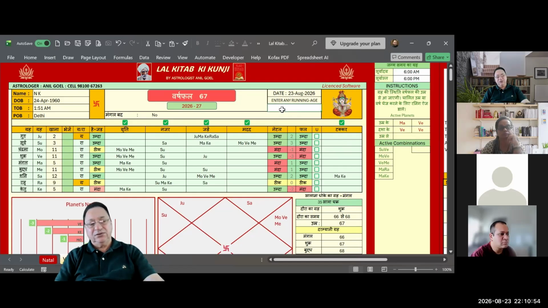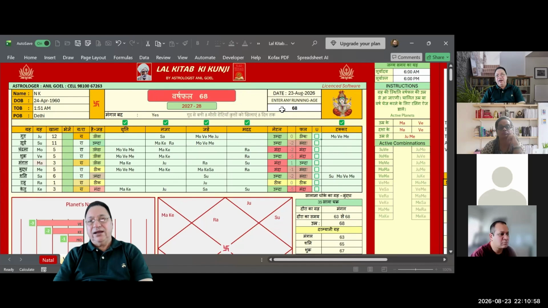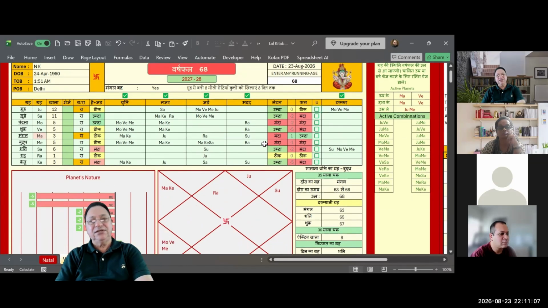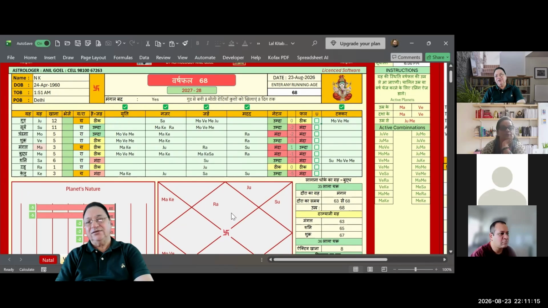You can just add 68 here, and then his next year's chart, Varshfal, will come. Everything will come here, all positions will change. And now see, next year is very bad for this person. Most of the planets are becoming bad. Okay, understood.